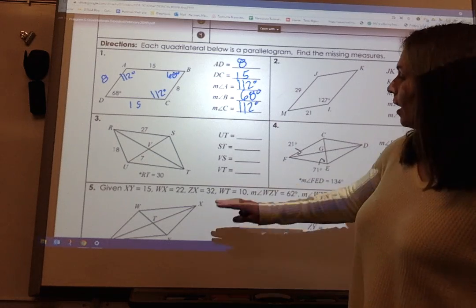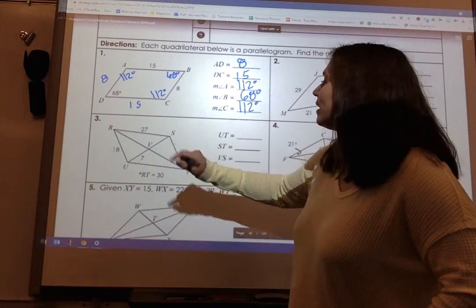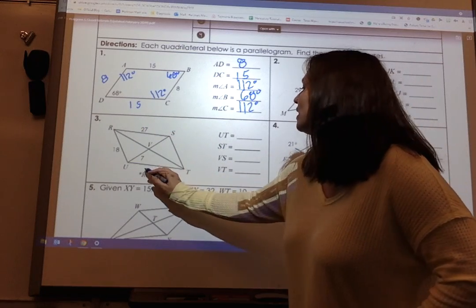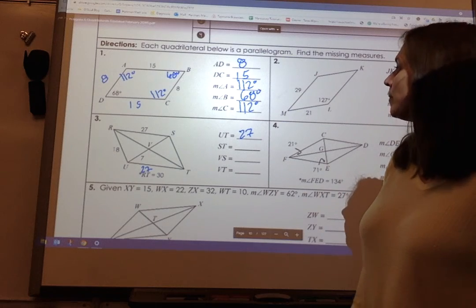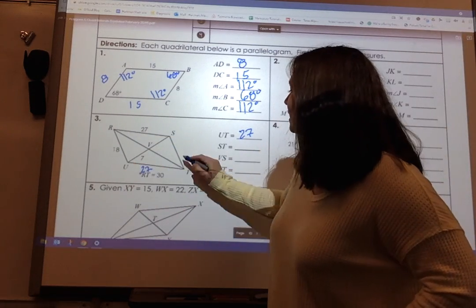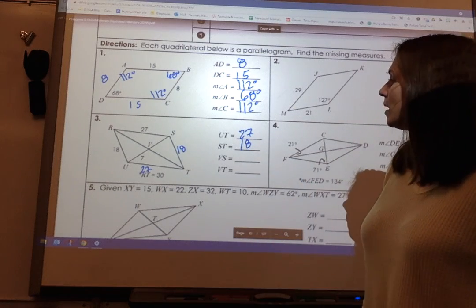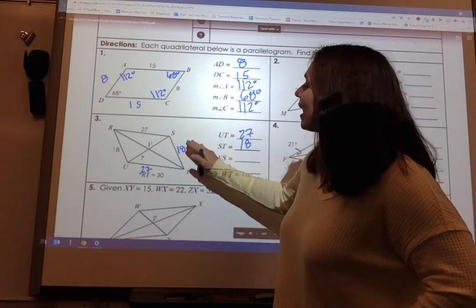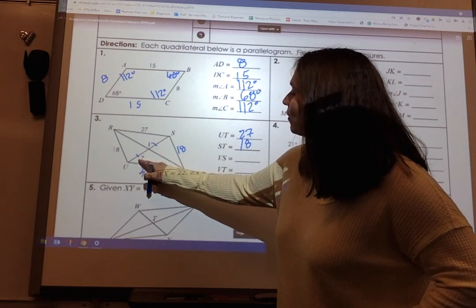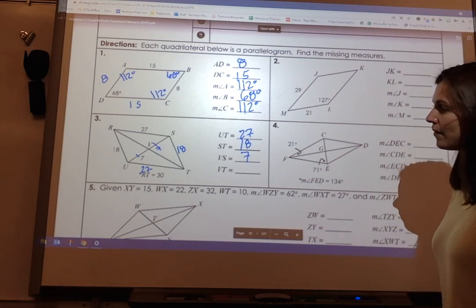Now, if I look at number 3, RS is 27, so UT is going to be 27. Opposite sides are congruent. If RU is 18, I know that ST is 18. It says it's looking for the length of VS. Well, if my diagonals bisect each other, I know this length is congruent to this length, so VS is going to be 7.